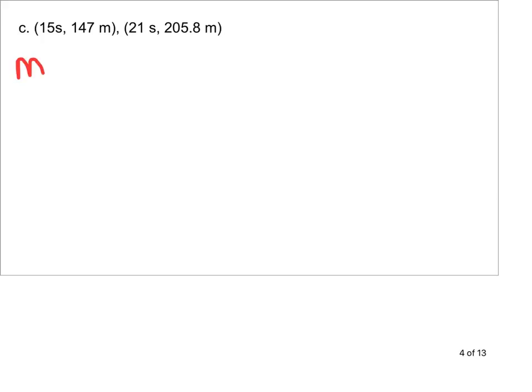And one more slope problem, another one here. m equals y2 minus y1 over x2 minus x1. This time I'll call this point 2, this point 1.